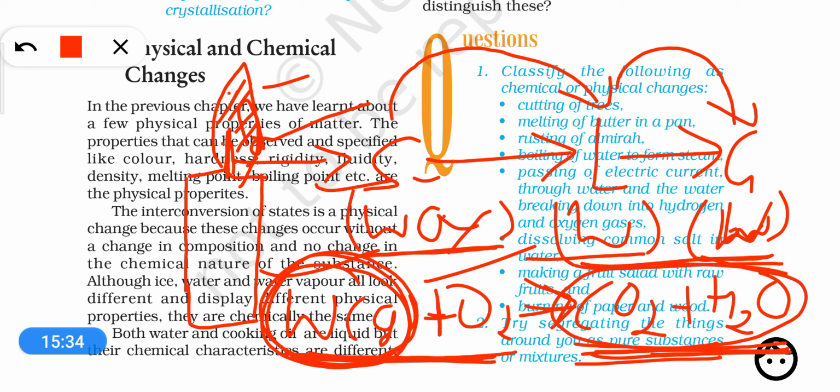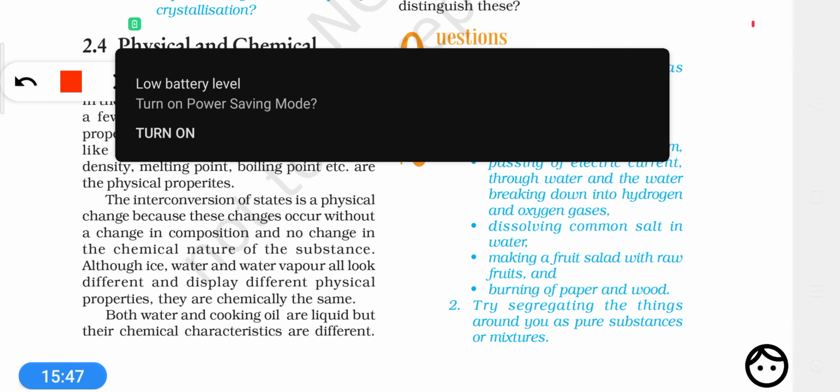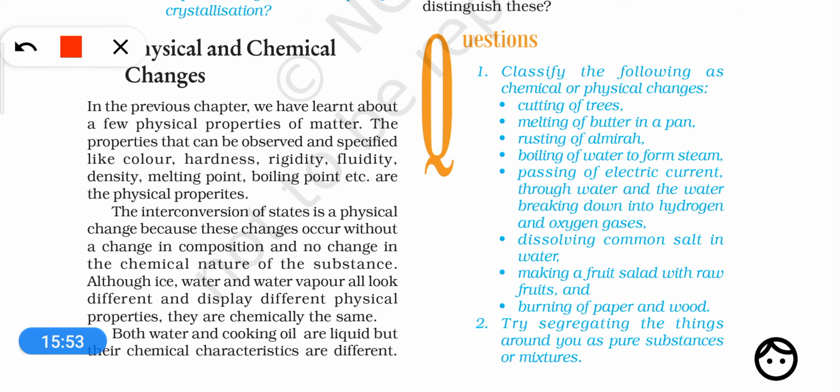So this is a chemical change, this is an example of chemical change, in which certain substances like wax and oxygen, these were the substances, are changing into chemically different substances like carbon dioxide and water. So when substances change into other types of substances by some chemical reaction, such change is called chemical change, right?